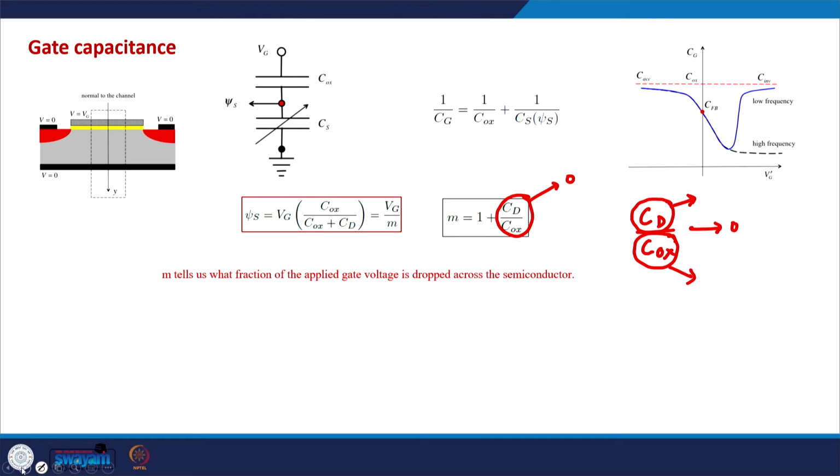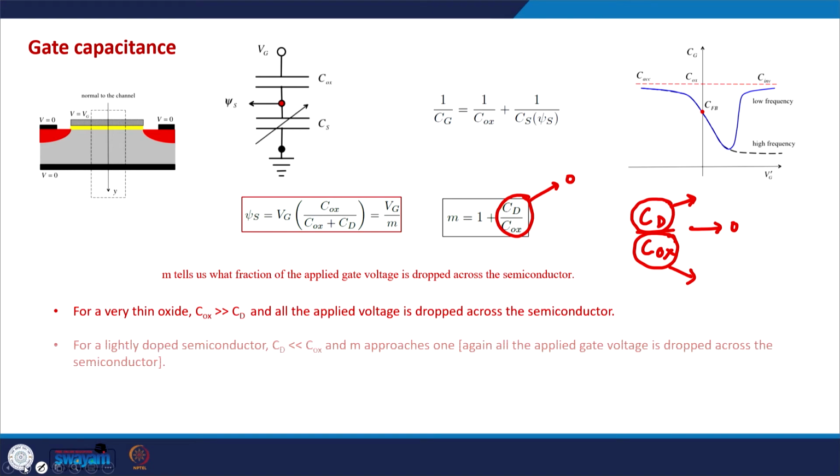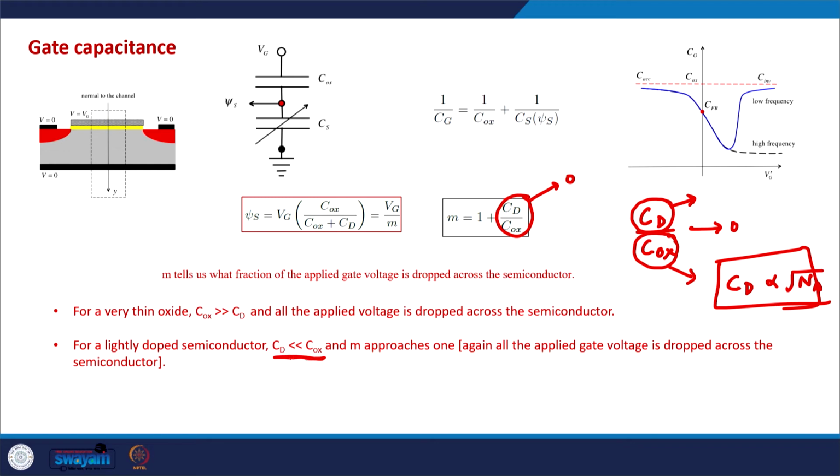In order to have Cd as low as possible, we need a lightly doped semiconductor, because as you recall, Cd is directly proportional to the doping of the semiconductor. So, if the doping is less, Cd is extremely small compared to Cox, and M approaches 1.